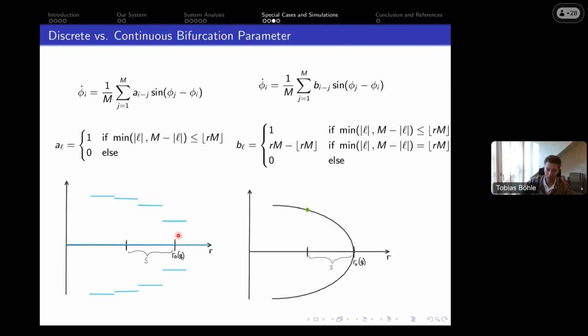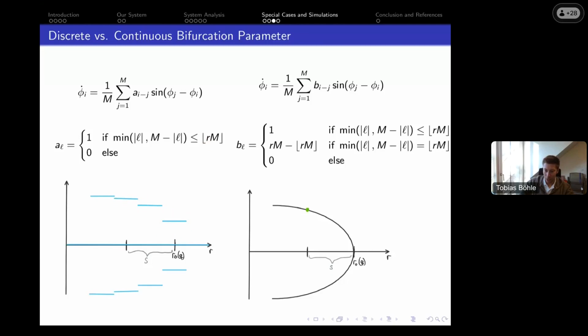As you can see, this is kind of a step function, and the width of these steps from here to here is exactly 1 over m. So you need to vary R by at least 1 over m such that the system changes.